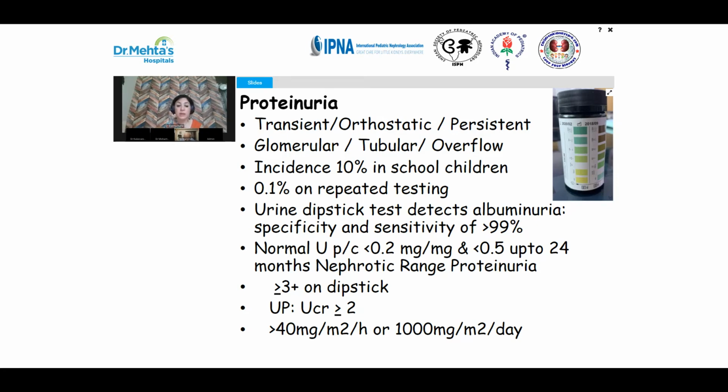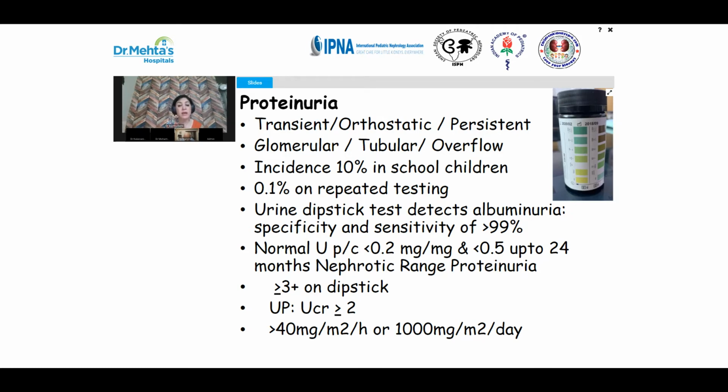So why is this urine protein creatinine ratio so important? Because it is not easy to do timed samples again and again in our office practice. And in children, collecting 12 to 24 hour urine becomes cumbersome, and many times incorrect volumes are reported.